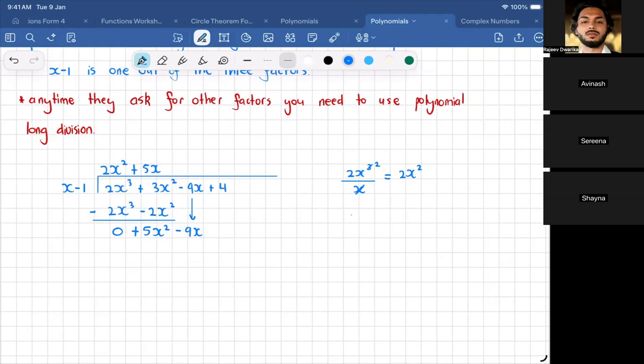Yes, sir. On this one, this would be 3x squared all over x. So how do I get 5x? Oh, wait, I made a mistake. This is supposed to be 5x.